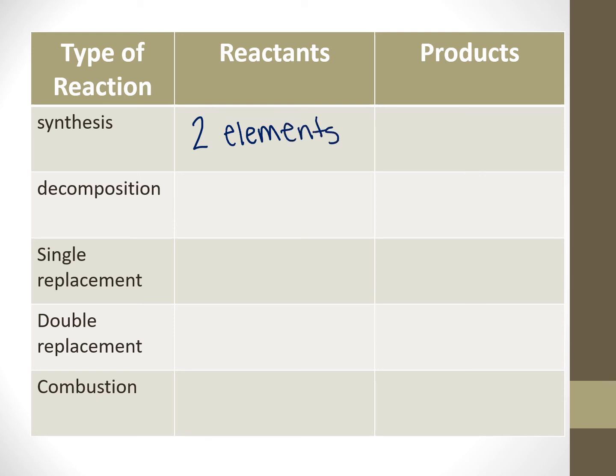You're going to make 1 product. So you're going to make a product from those 2 elements. Decomposition, you're going to start with 1 product, and then it's going to break down to 2 elements.